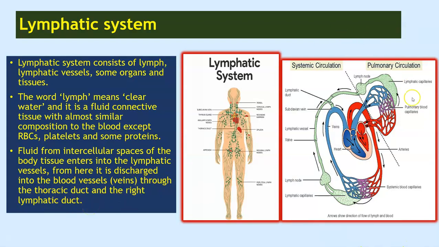Have a look at this image here. The green one shows you your lymphatic capillaries and here the arrow shows the direction of the flow of lymph and the blood.